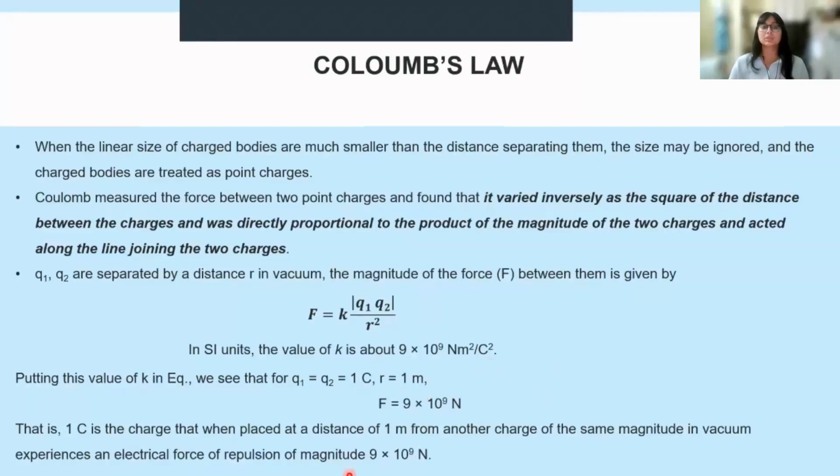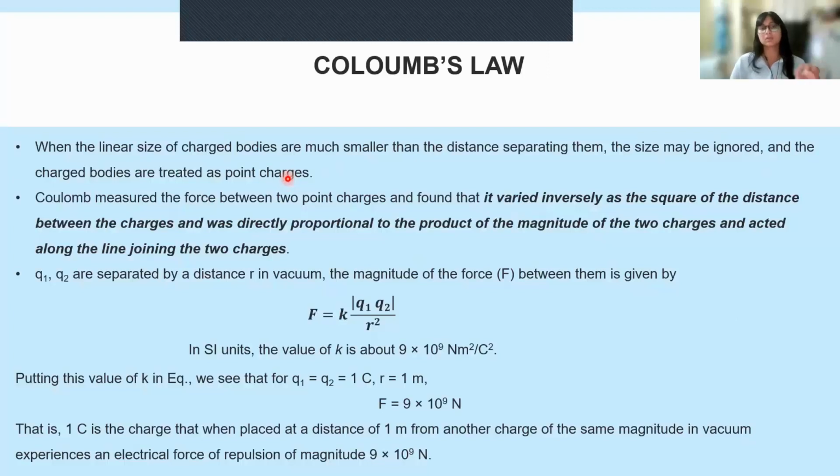Suppose the linear size of the charged bodies is much smaller than the distance separating them. Then the size may be ignored and the charged bodies can be treated as point charges. So for ease of computation and mathematical representation, we are going to consider point charges, where the distance between the charged bodies is much more than their linear size.